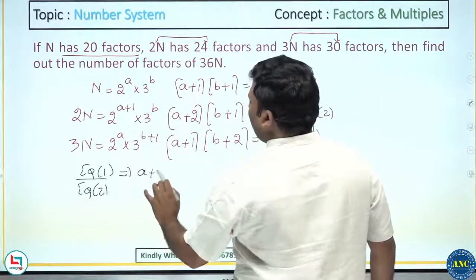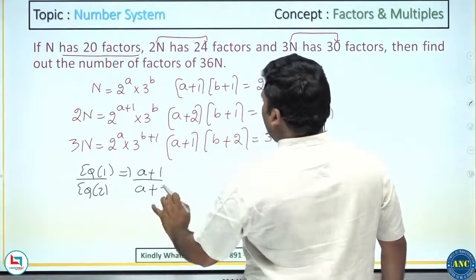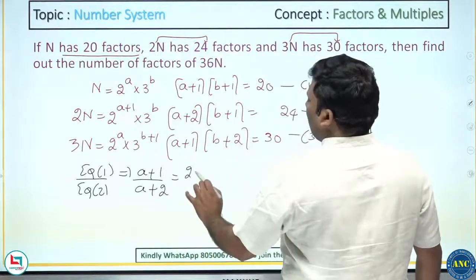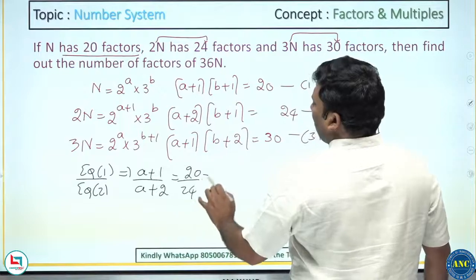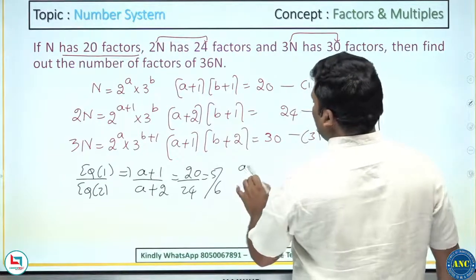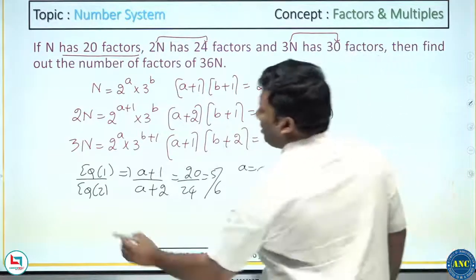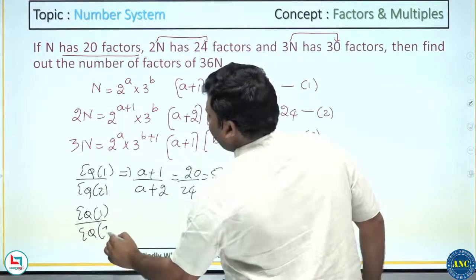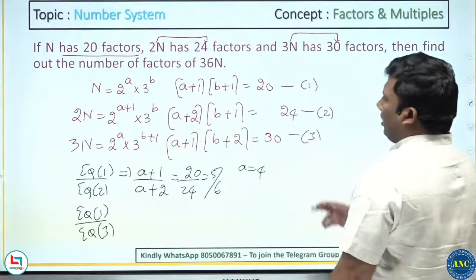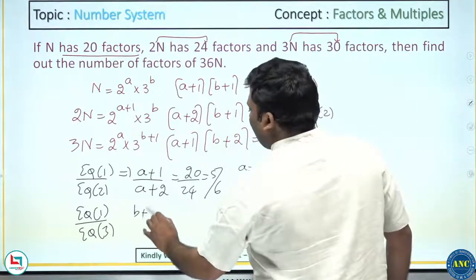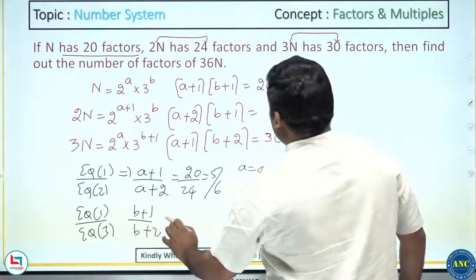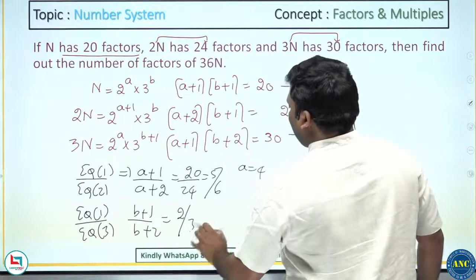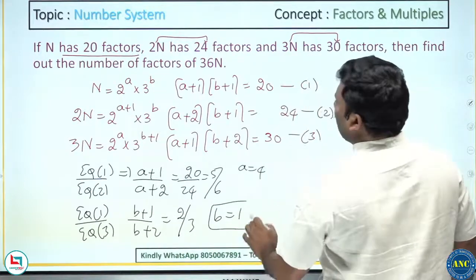A plus 1 by A plus 2 is equivalent to 20 by 24, which is 5 by 6. A value is 4. Similarly, equation 1 by equation 3: A plus 1 cancels. B plus 1 by B plus 2 is equivalent to 2 by 3. B is equivalent to 1. Finish, answer.